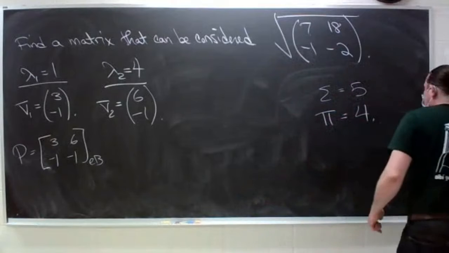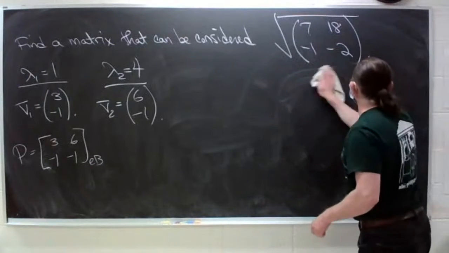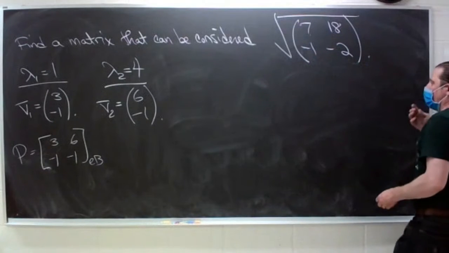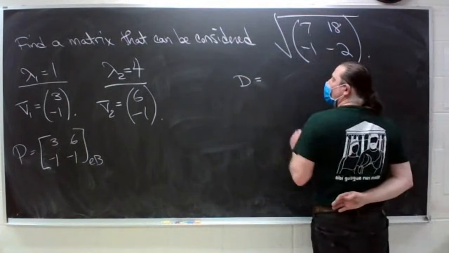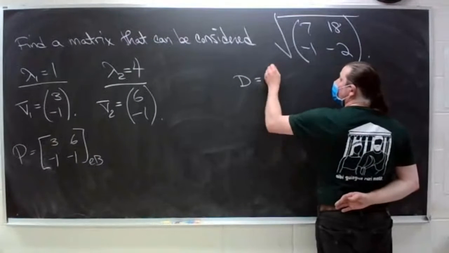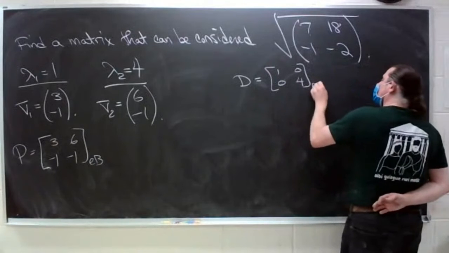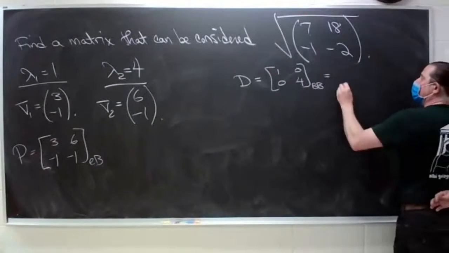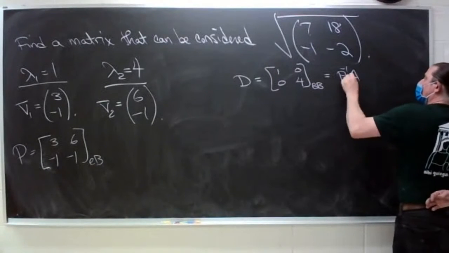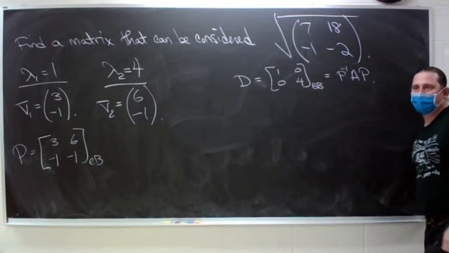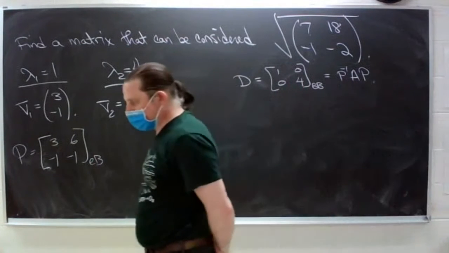So now, what does this mean? Well, we know that D, my diagonal matrix, is equal to P inverse A P. Okay?